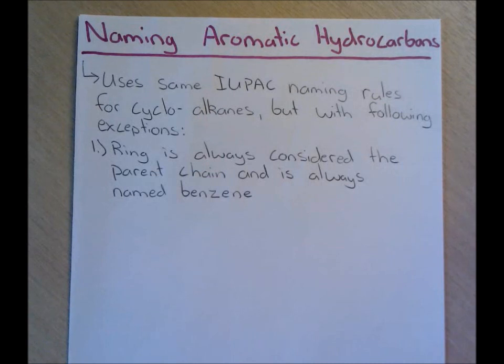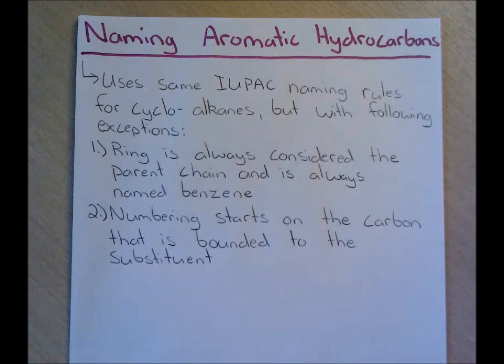Now, the numbering will start on the carbon that is bonded to the first attached group, or what we call the substituent. And when there is more than one substituent, the benzene ring is numbered in a way that gives the lowest possible numbers for each of those substituents.